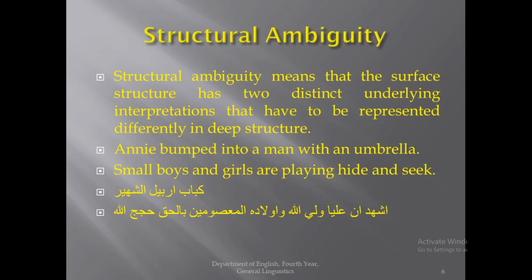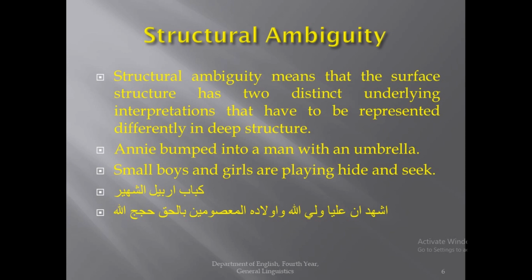We will not go into the details of the types of ambiguity. We have only the structural ambiguity. Now, what is the structural ambiguity? It is the surface structure which has two or more distinct underlying or deep structure interpretations.